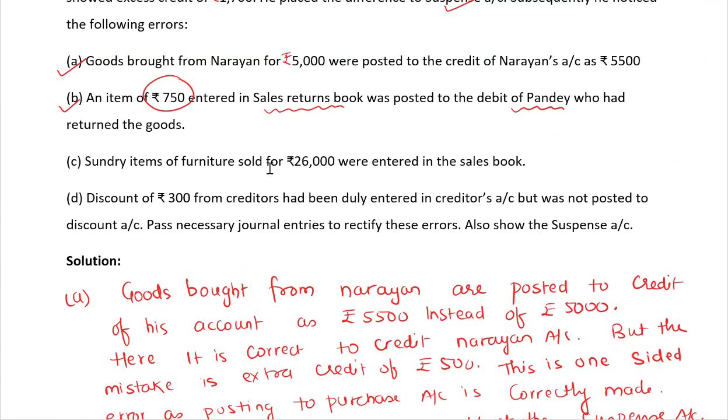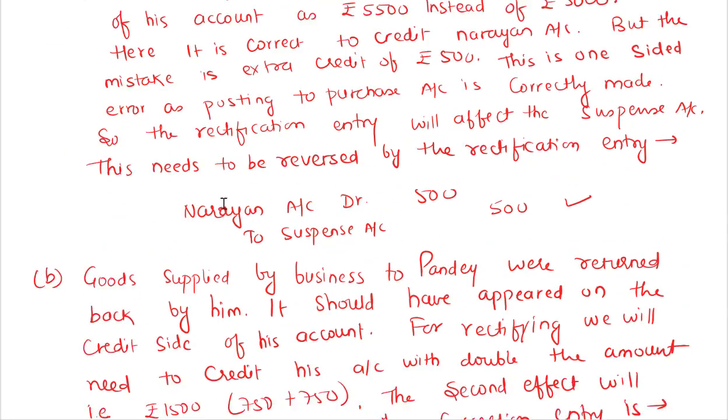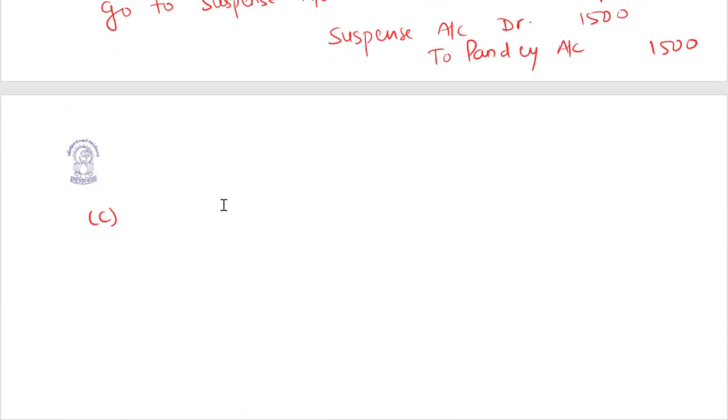See the C part. Sundry items of furniture sold for 26,000 entered in the sales book. We sold the furniture and entered in the sales book. So it is an error, obviously. Let's write the rectification now. Sale of furniture was recorded in sales book.